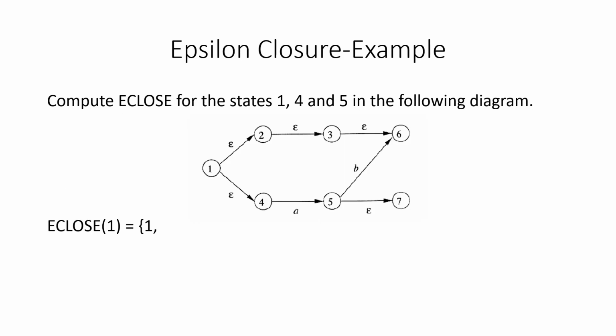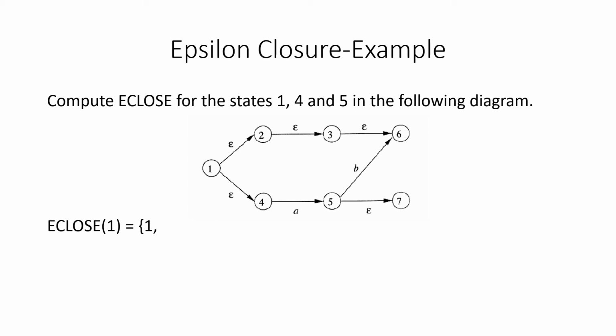Consider this example. Let us assume that we want to compute E-close for the states 1, 4 and 5. First we will compute E-close for the state 1. As per the basis, for whatever state we want to compute E-close, we include that state in the answer. So here we are going to find E-close of 1, hence I have included it in the beginning.